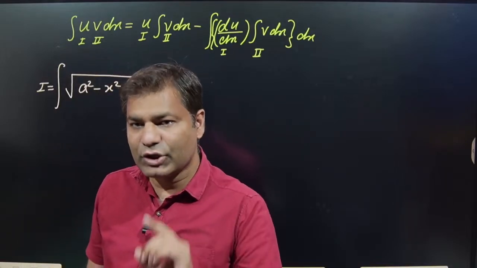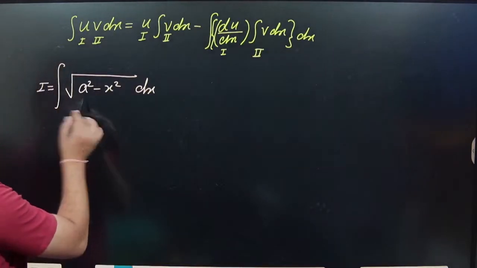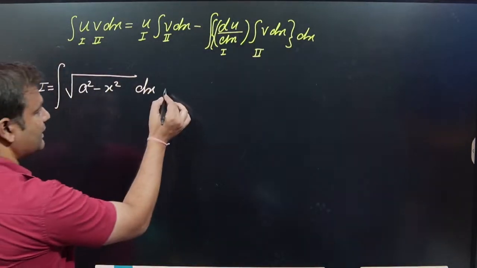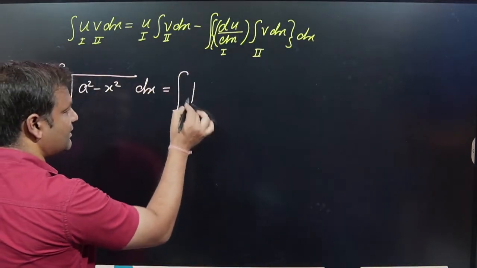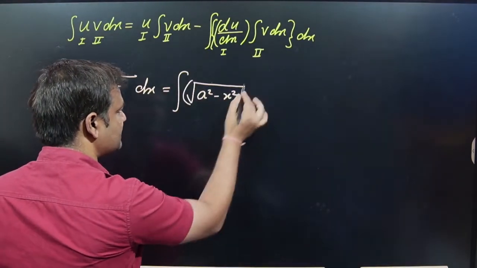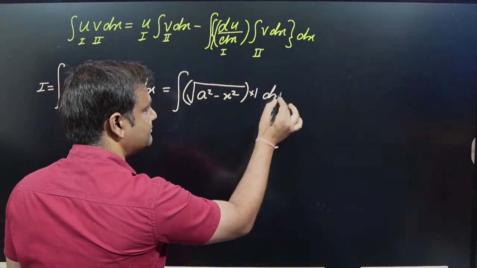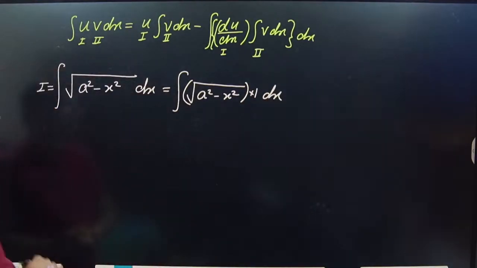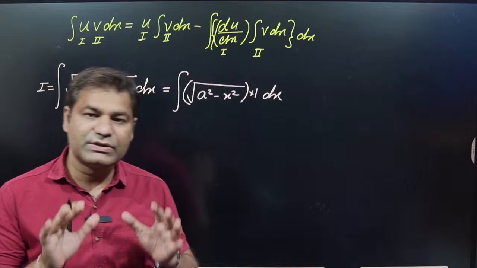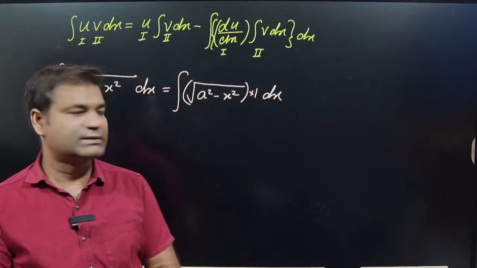You know that. So that's why this one is taken first. Basically this is written as integration of under root a square minus x square into 1 into dx.